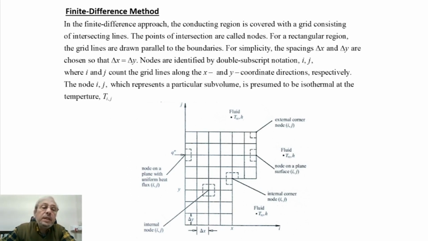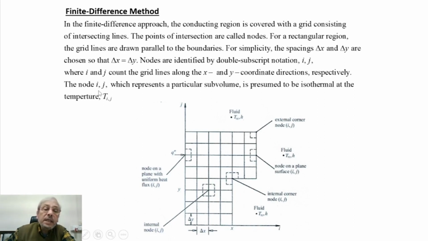For a rectangular region, the grid lines are drawn parallel to the boundaries. For simplicity, the spacings delta x and delta y are chosen so that delta x equals delta y. Nodes are identified by double subscript notation ij, where i and j count the grid lines along the x and y coordinate directions respectively.